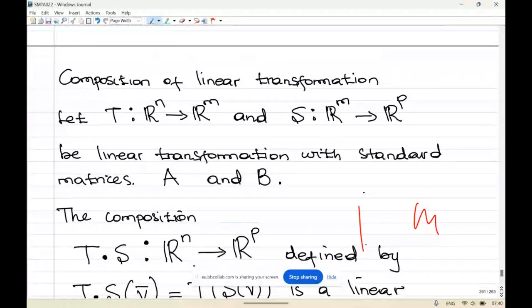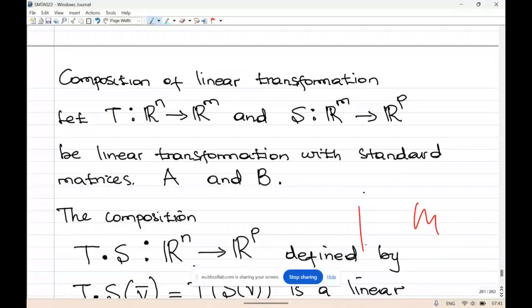I guess last week Friday we stopped when we have to do this part of the composition of linear transformation, where we let our map T go from n dimension to m dimension, and you are having two maps there. We're talking about how you multiply the two matrices.